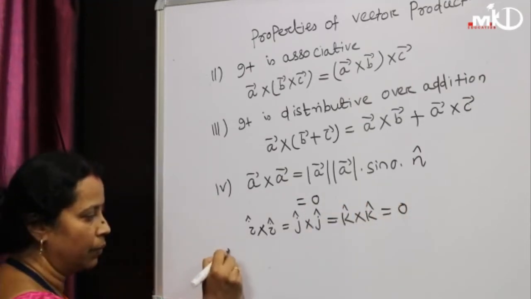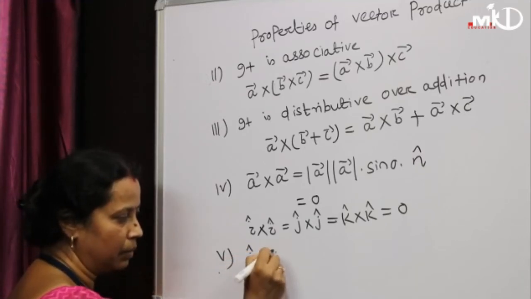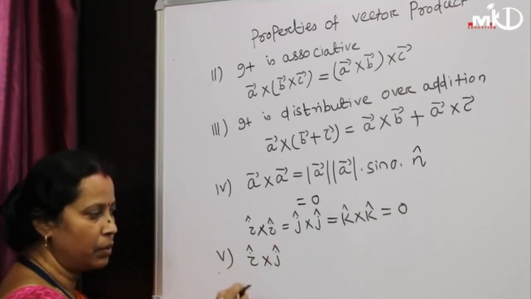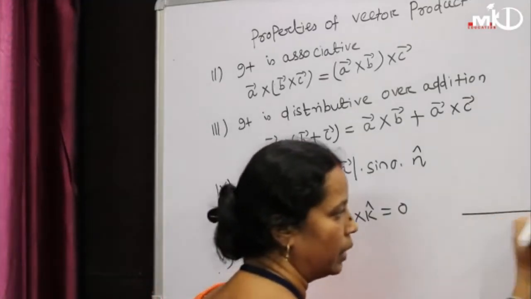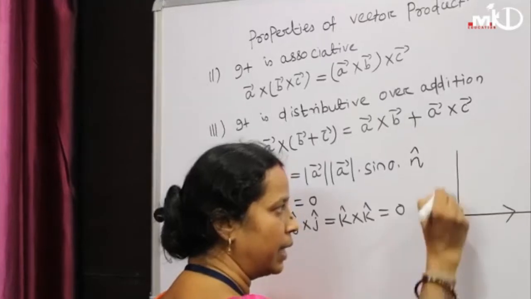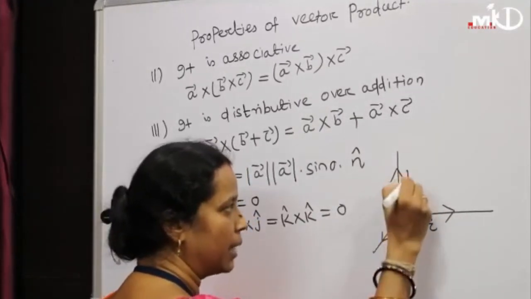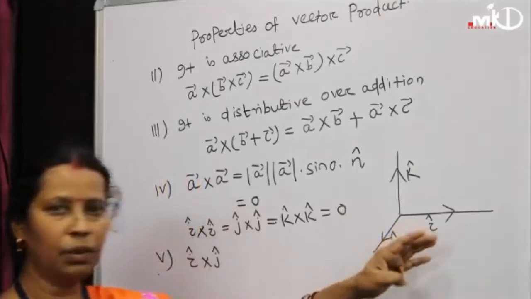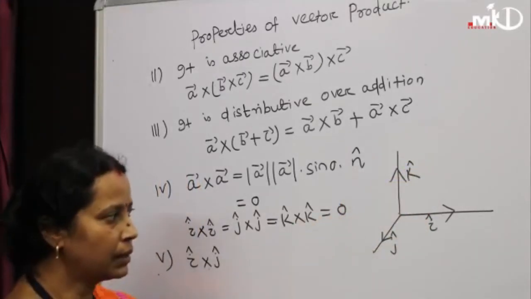Whenever we find the vector product of i cap cross j cap, you see these two vectors. We already know the unit vectors along the x axis, y axis and z axis are respectively i cap, j cap and k cap, and these three vectors are perpendicular to each other.